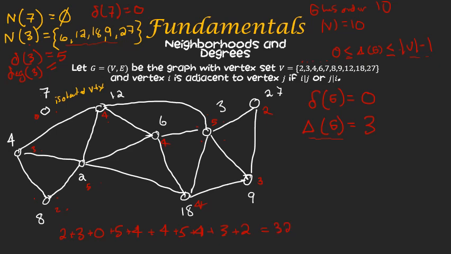I get 32. And notice how many edges are in this graph. Let's count them up: 1, 2, 3, 4, 5, 6, 7, 8, 9, 10, 11, 12, 13, 14, 15, 16. So this 32 is 2 times 16, which is the size of the graph.